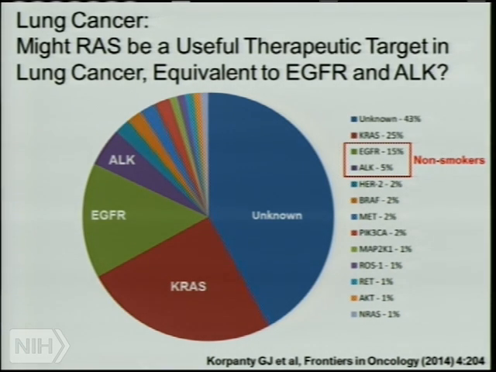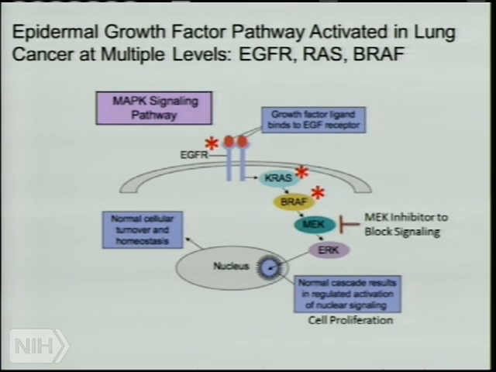For example, ALK is 5%, you add an ALK inhibitor, patients get marked benefit from that. Adding an EGF receptor inhibitor in EGF receptor mutant lung cancer gives marked benefit. It suggests that we should get marked benefit when we inhibit RAS in lung cancer. But we don't know. That's what the question is going to be.